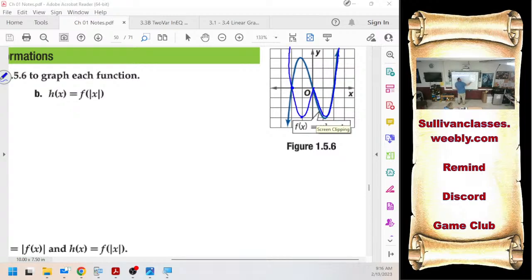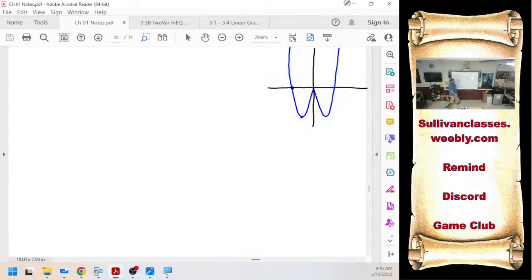So everything that was on the left-hand side gets overwritten by the right-hand side. You press -3, it doesn't tell you -3, it tells you +3.